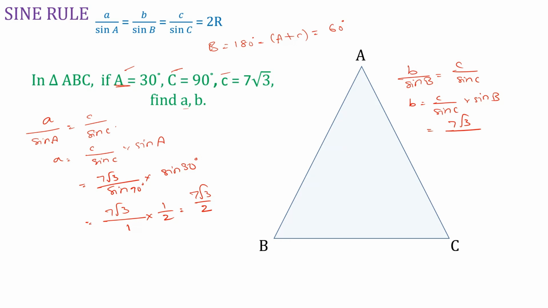Here sine C means sine 90, into sine B means sine 60 degrees. So 7 root 3 upon sine 90, which is 1, into sine 60, which is root 3 upon 2. We'll have root 3 into root 3 is 3. So 7 into 3 is 21 upon 2, or this can be written as 10.5. So we have two angles and one side. From that we found the remaining two sides.